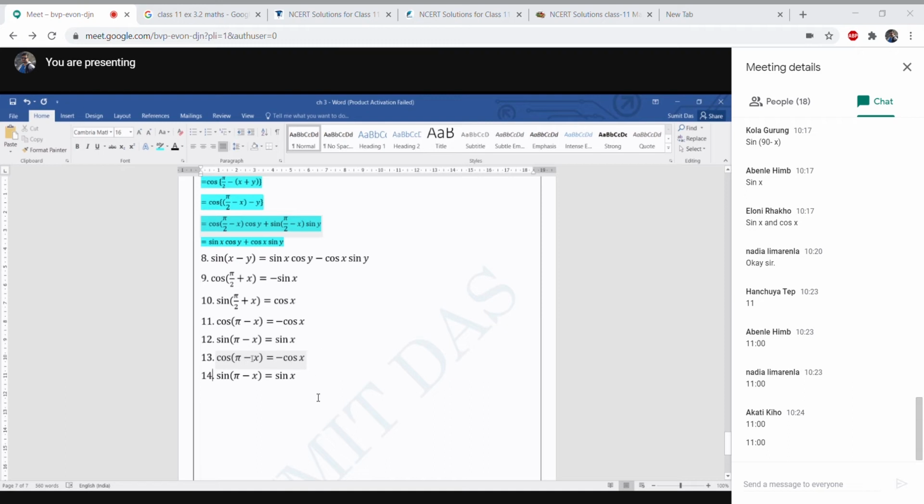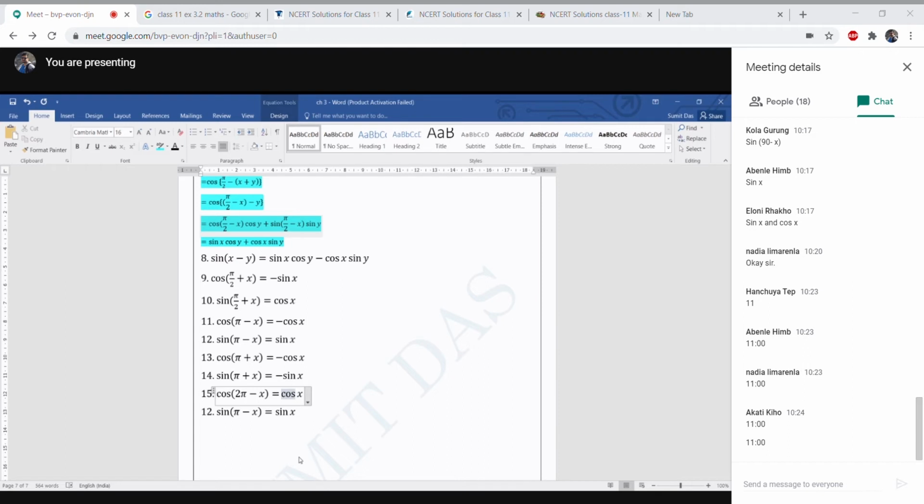Next formula is pi plus x. Pi plus x means it is in the third quadrant. In the third quadrant cos is also negative, so it is this one. And pi plus x, in the third quadrant sine is also negative, so it will be minus sine x. Okay, similarly 15, it is saying 2 pi minus x. 2 pi minus x means the fourth quadrant.